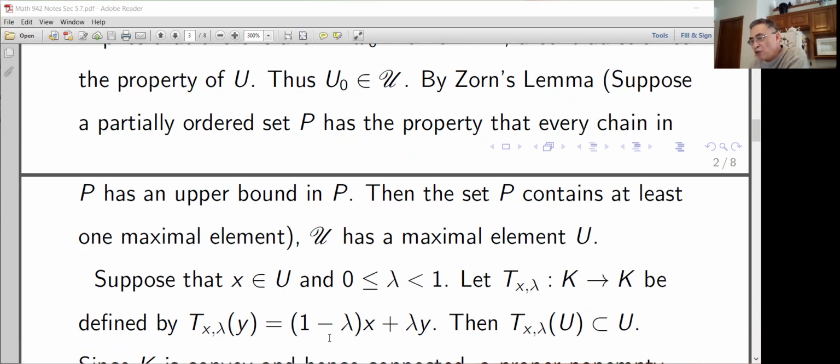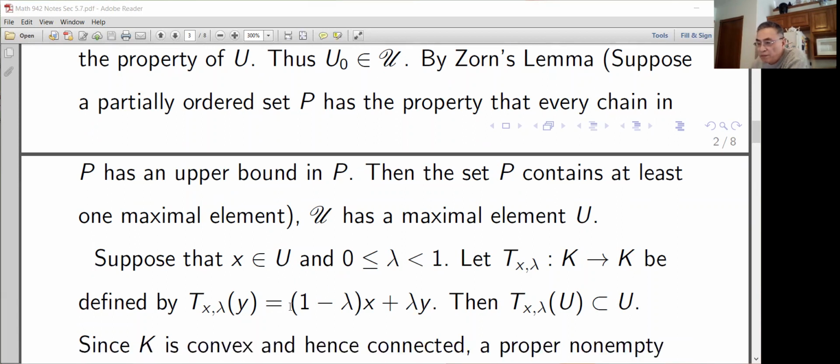On the line segment from x to y, you take the lambda position, and this is the point. This point must be in K because K is convex by hypothesis. So this maps K to K, and it maps U to U again because U is convex.